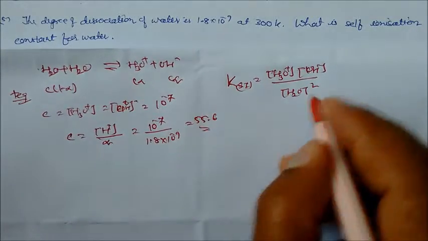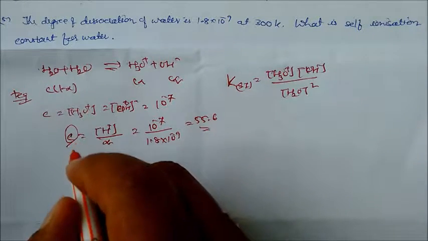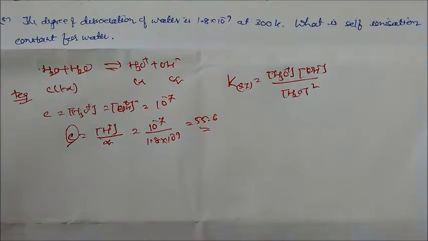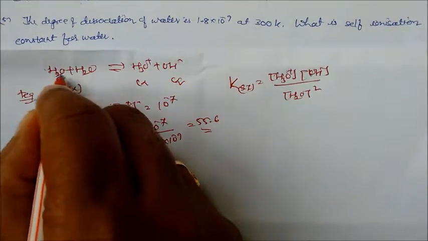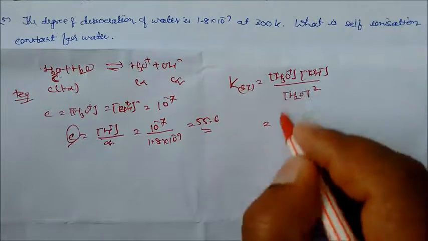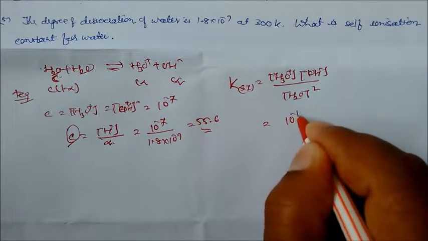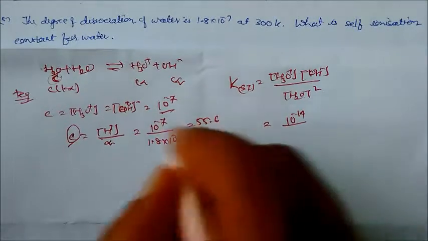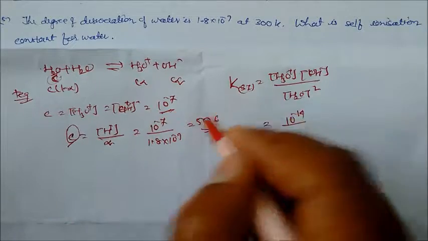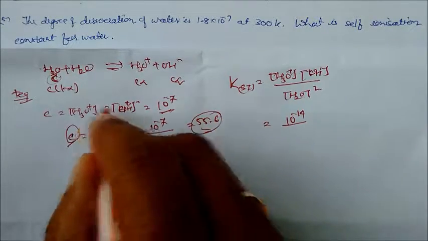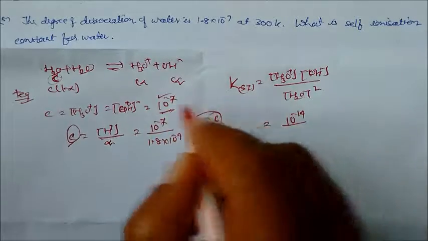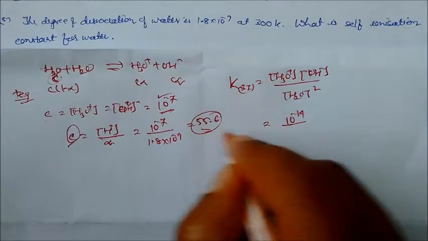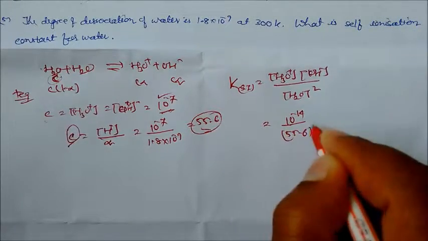We know the concentration of H2O, this is nothing but the initial concentration C. So we can write here 10 to the power minus 14 divided by C. The C value we found out, this much. 10 power minus 7 is the concentration of H plus, and this is the concentration C, which is 55.6 of water.